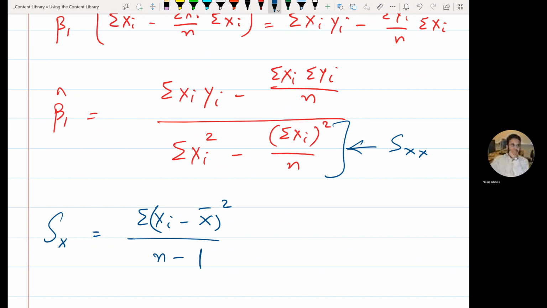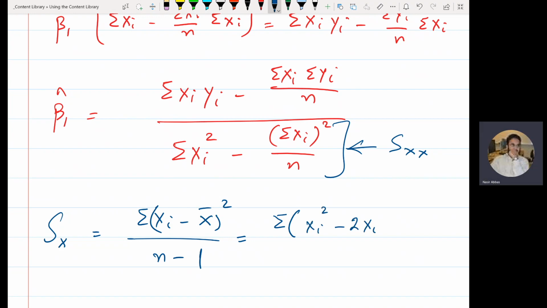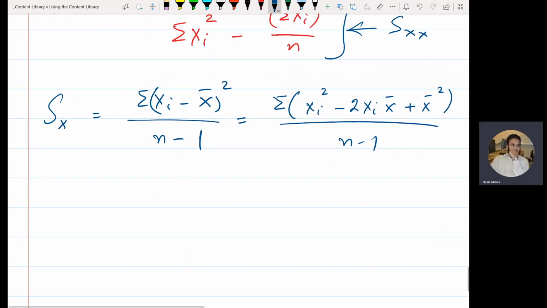Is this true? True? Yes. Try to open the square. Open the square. A minus b whole square is what? True? Then apply the summation inside.